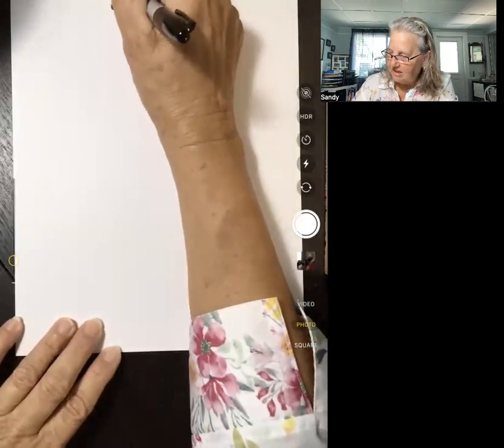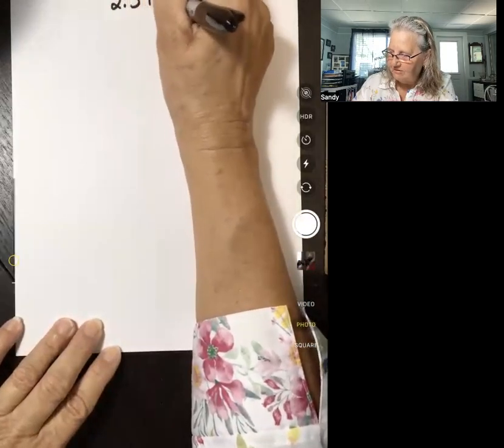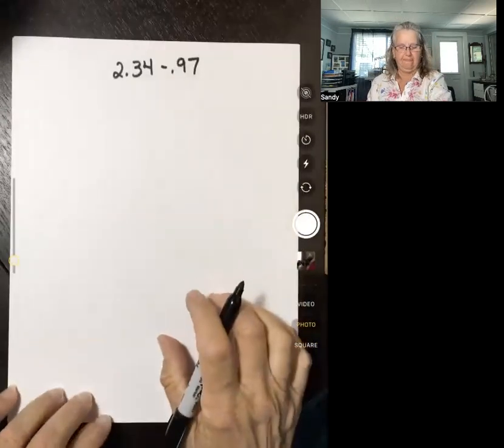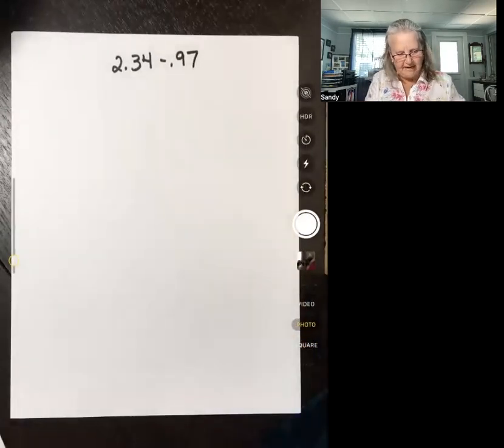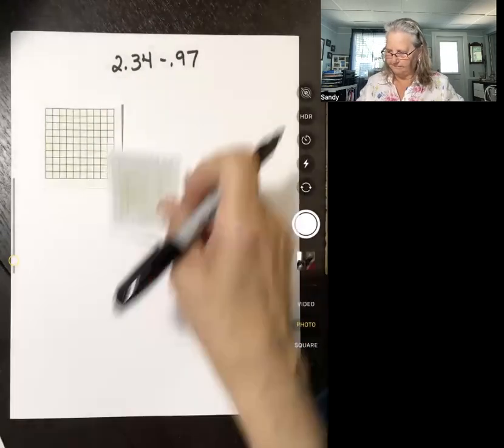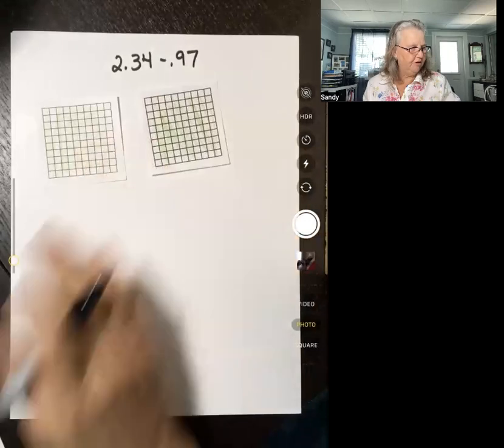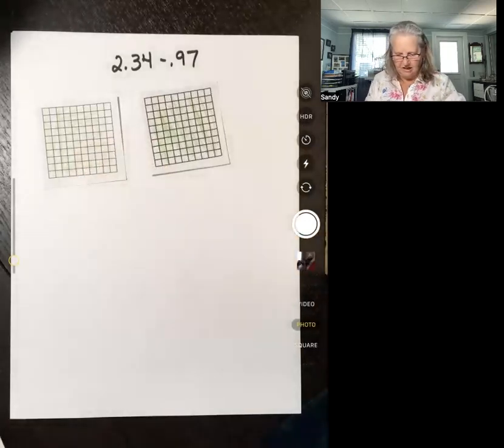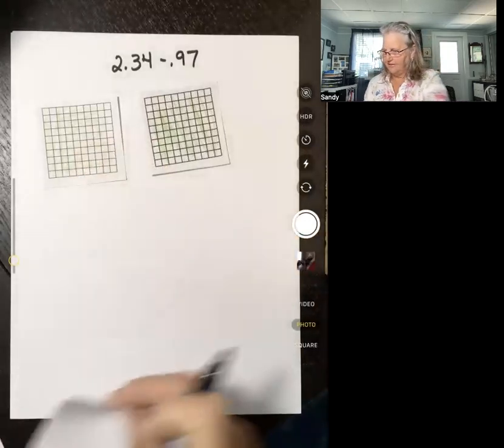Let me see this one again, right? Let me write the problem. We're going to go back to these. So I've got 2 wholes, and let's get another 34/100.